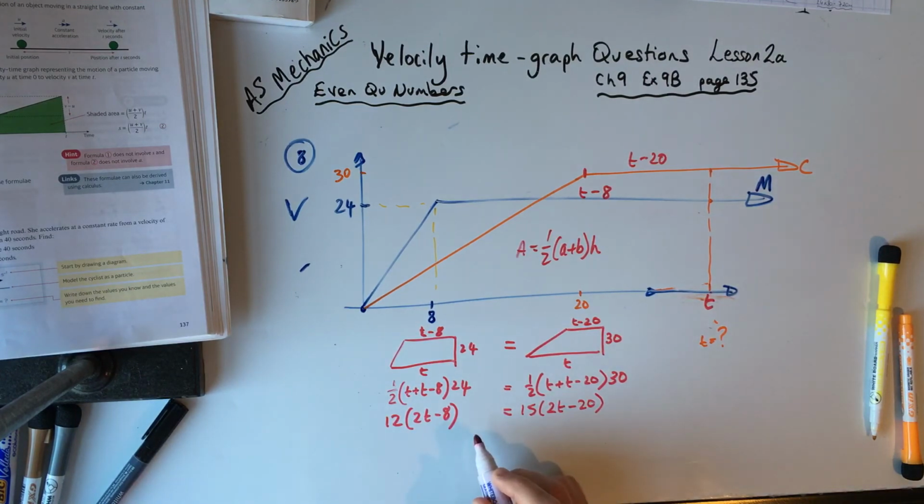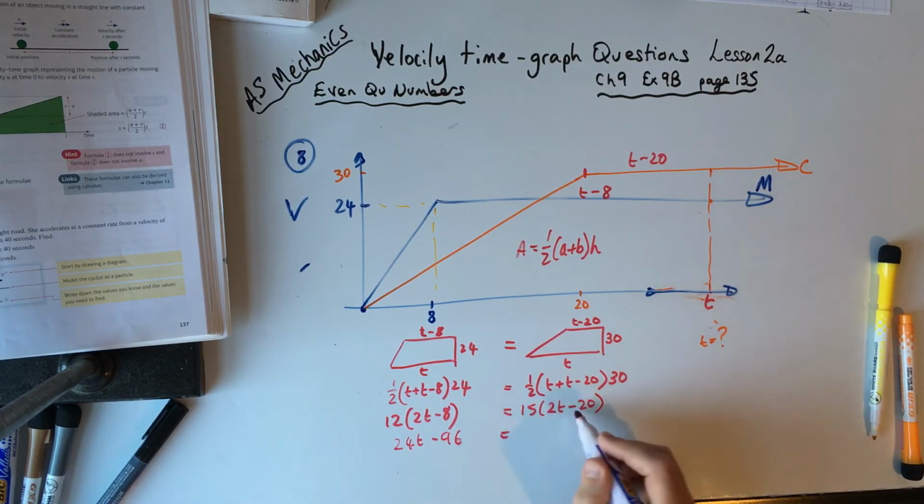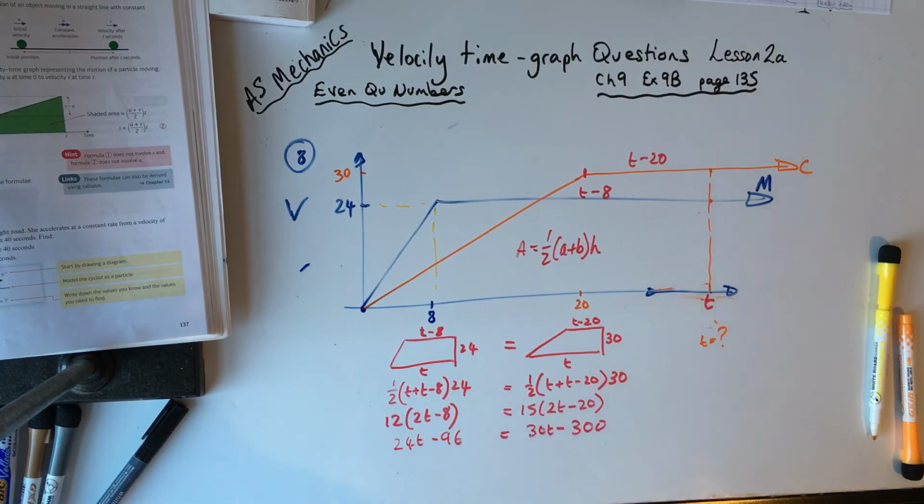Okay, so let's just multiply it out. So 12 times 2t is 24t minus 96. I don't know whether this is the best way of doing it, but I'm doing it this way. Is equal to multiplying that out, 30t minus 300. So I've done the 15 times the 20 is 300.